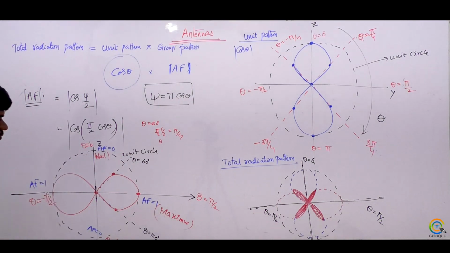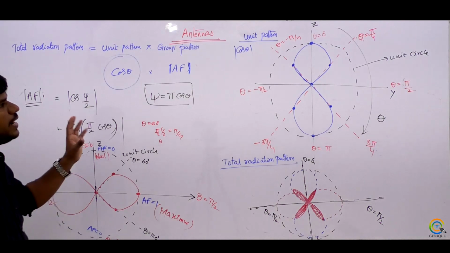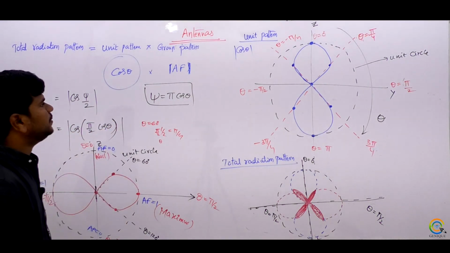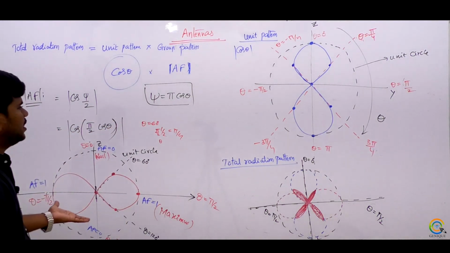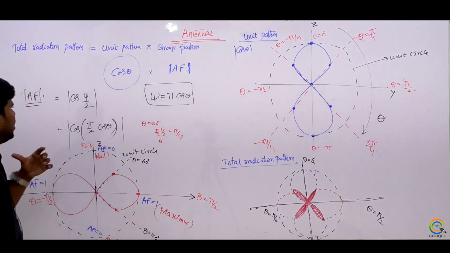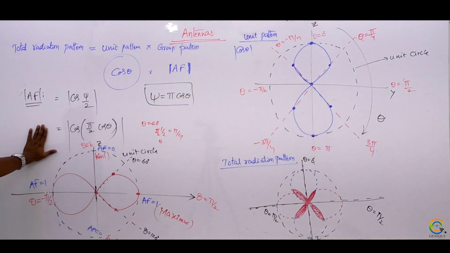Now, how to find the null points? This is the radiation pattern.